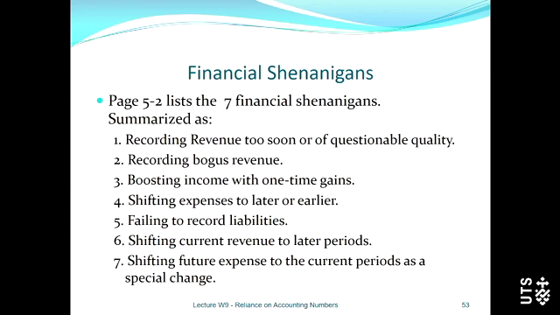Number 3 is boosting income with one-times, making persistent things that are only one-offs. Number 4 is shifting expenses, moving them back or forth. Number 5 is not recording liabilities. Number 6 is moving current revenue to later periods. And number 7 is shifting future expenses to current periods as a special charge.